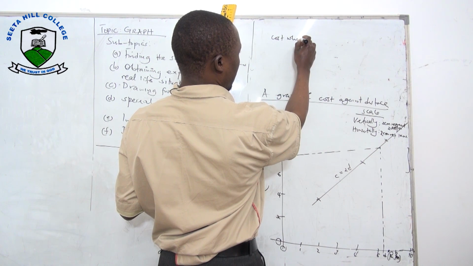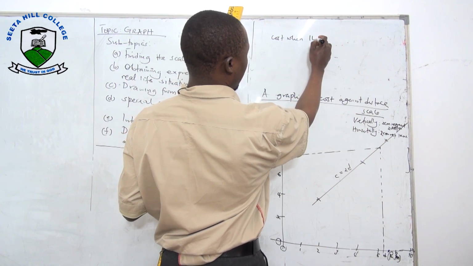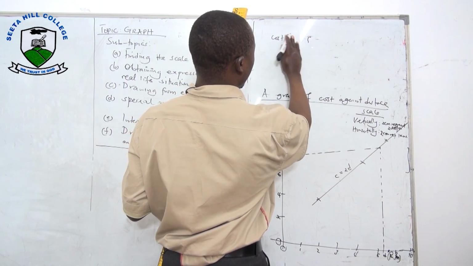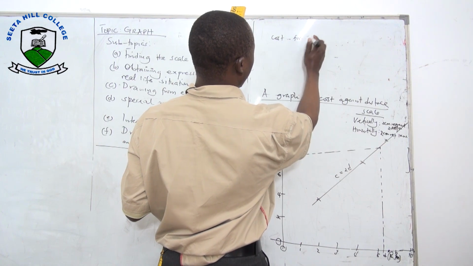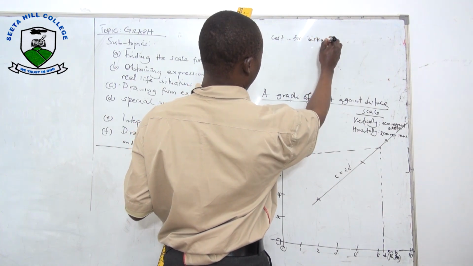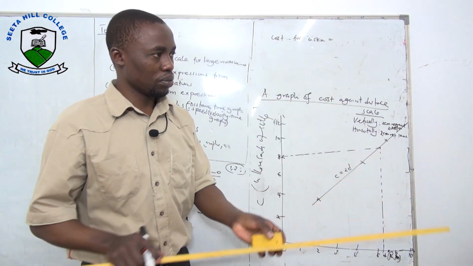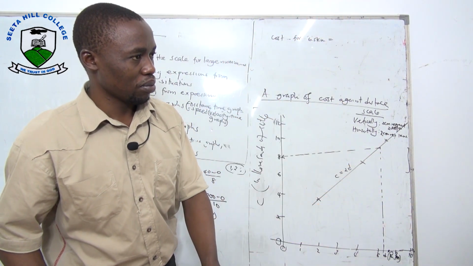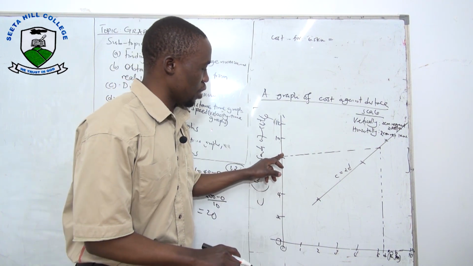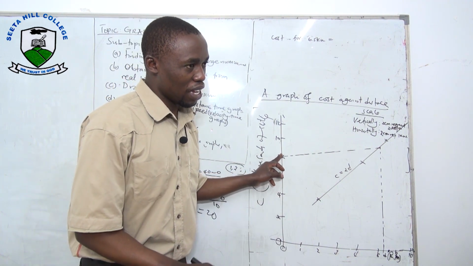Cost for 6.5 kilometers. What have you got? The money you get here, you multiply by 1,000.